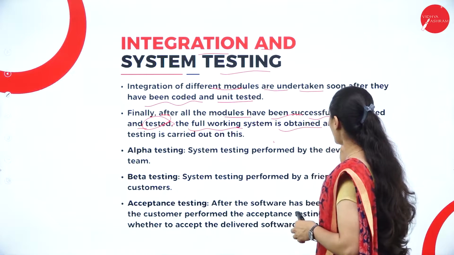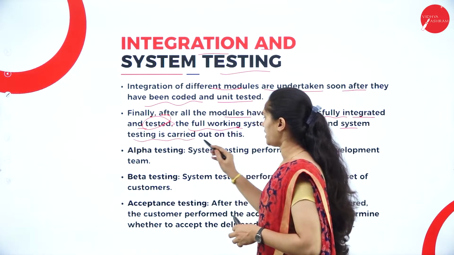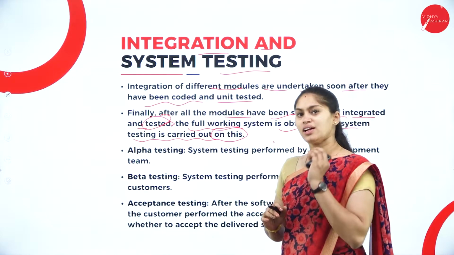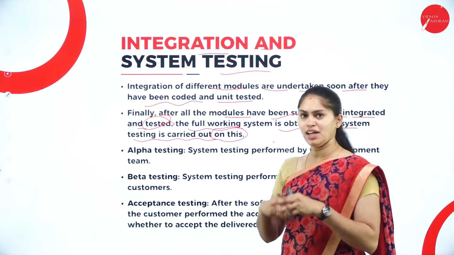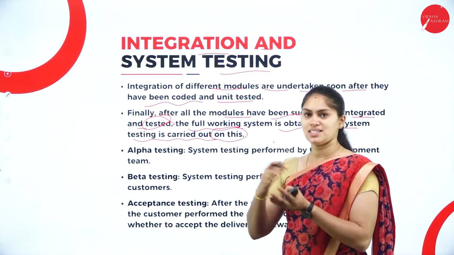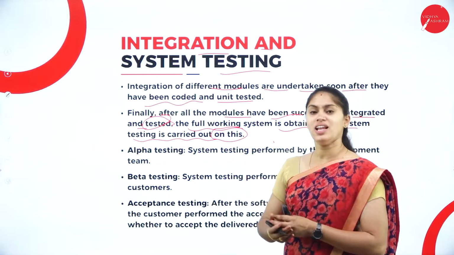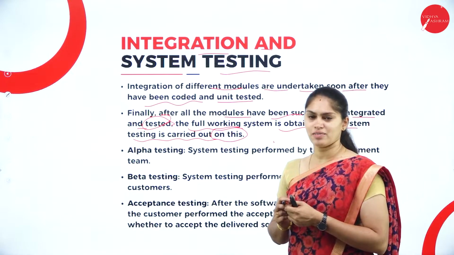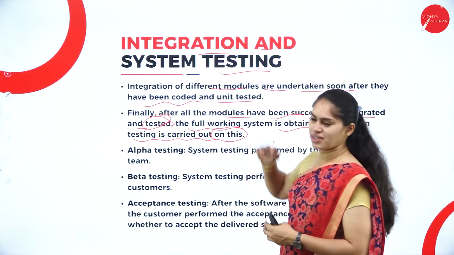Each module is coded and tested independently, after that they merge together. Will it work fine? If there is interoperability between the modules, then overall system testing takes place in this particular phase.